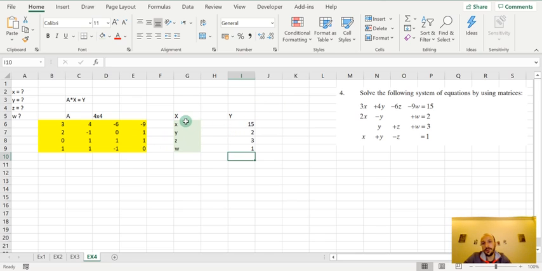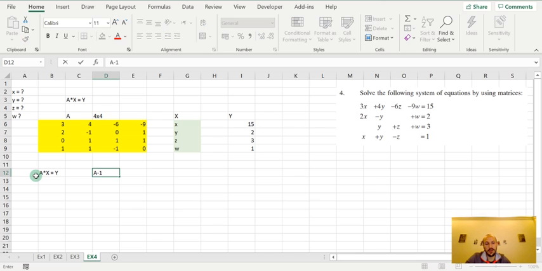So now in order to find x, remember what we have said in class. If you have Ax equals y, we want to eliminate A in order to find x. That is our goal. In order to eliminate A, we cannot divide y directly by A. We will multiply by the inverse of A, meaning A minus 1.